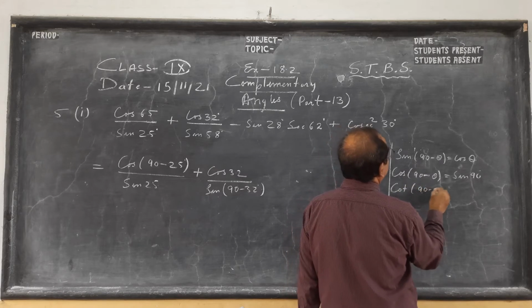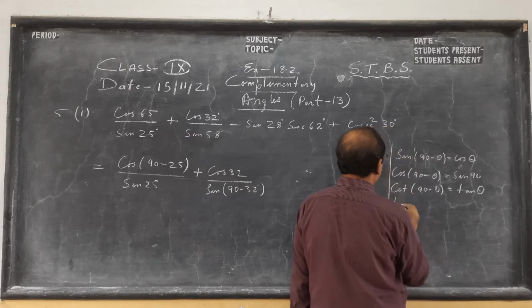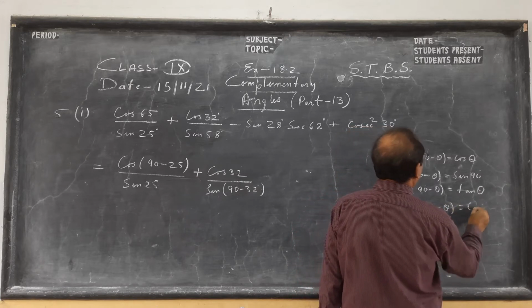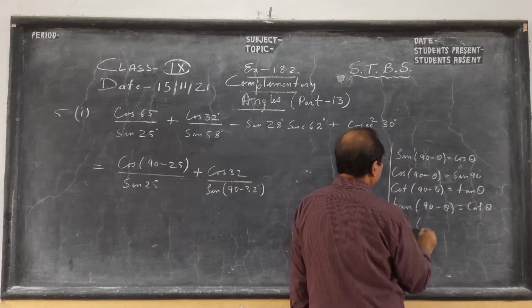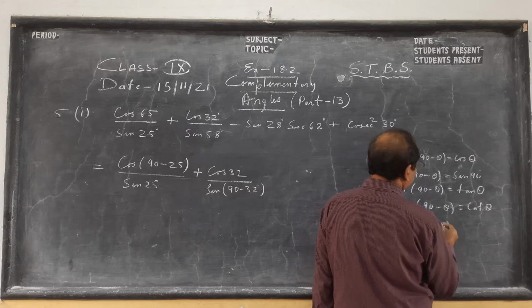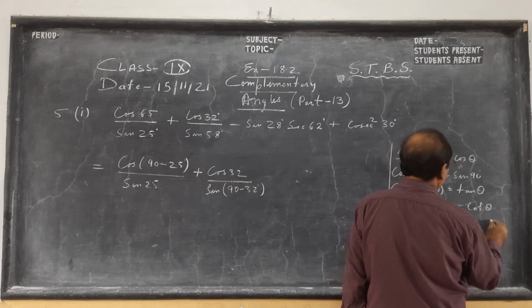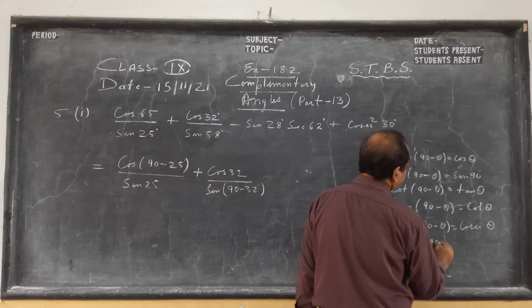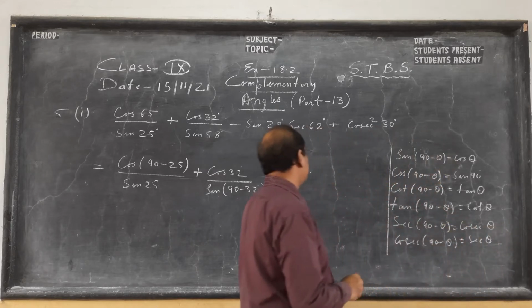Cot (90 minus theta) is tan theta. Tan (90 minus theta) is cot theta. Sec (90 minus theta) is cosec theta, and cosec (90 minus theta) is sec theta. This you please write.